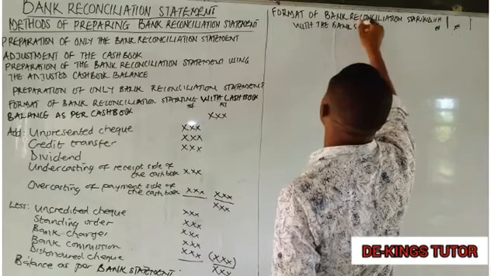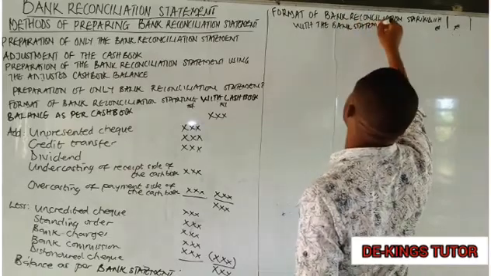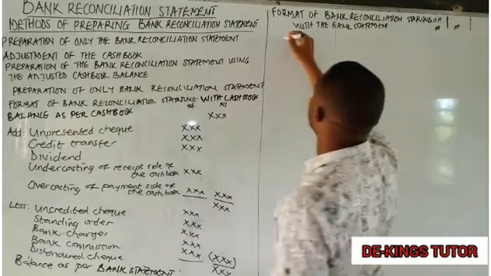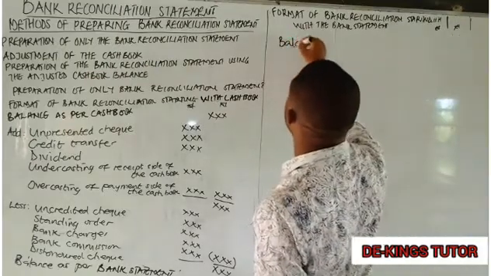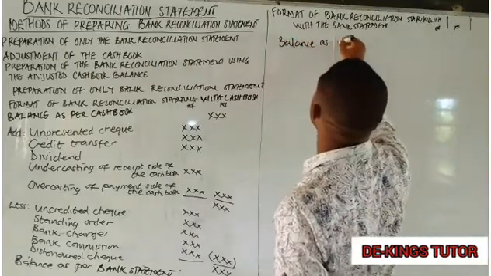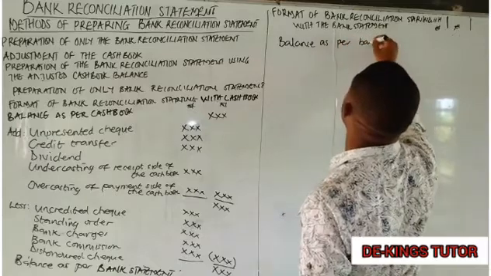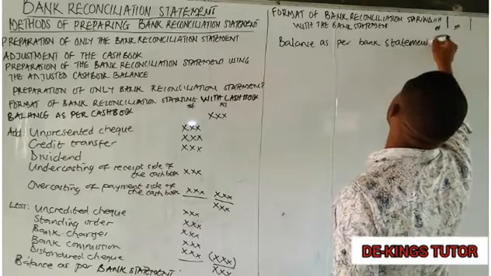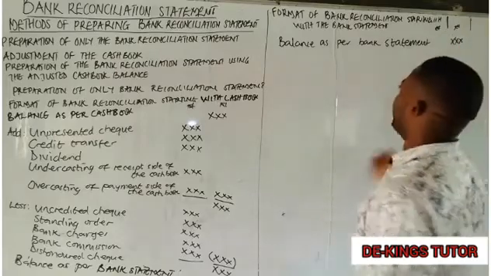We have seen that of starting with the cash book. So starting with the bank statement, we have the balance as per bank statement, and we have a value.